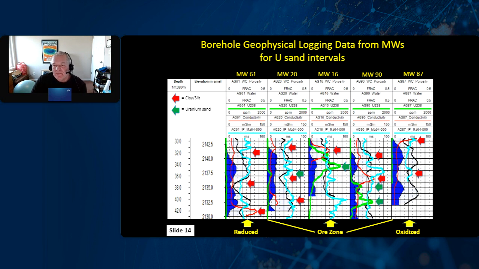As we move into various parts of the roll front or the transition zone, we have 3 wells that go through those bits. You can see reactivity in that green line, which is the uranium, getting pretty significant. In fact, these two wells sample that upper and that middle uranium sand that I mentioned in the geology initially.